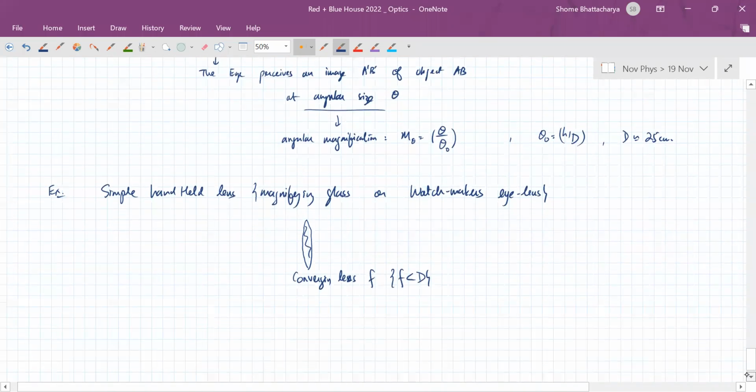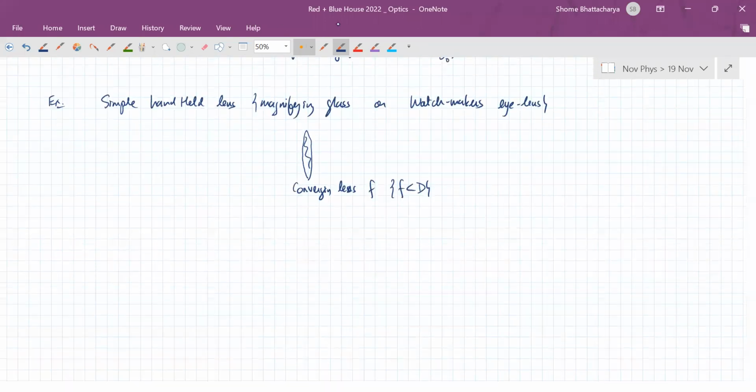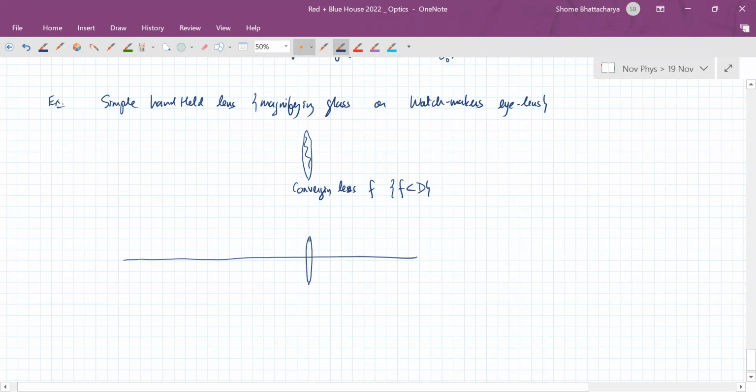So now to achieve this kind of magnification, what we need to do is place the object at some position which is within the focal length.